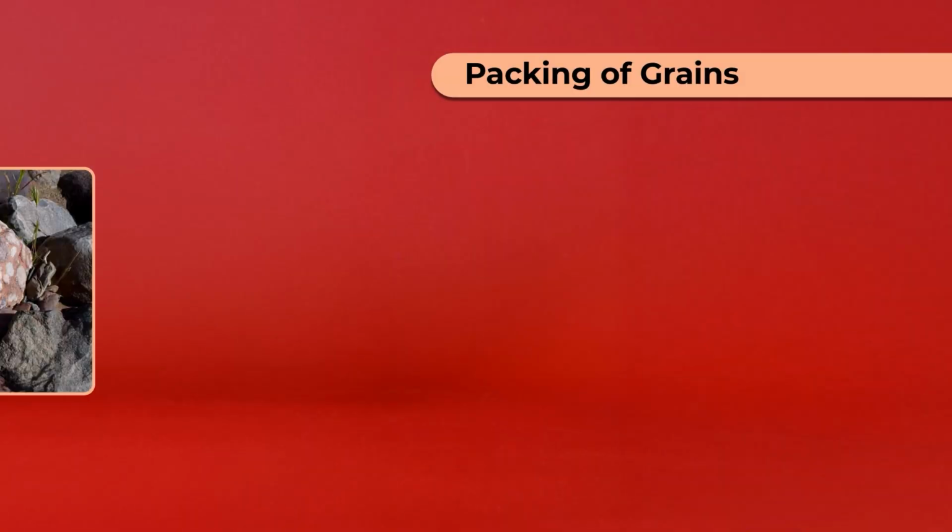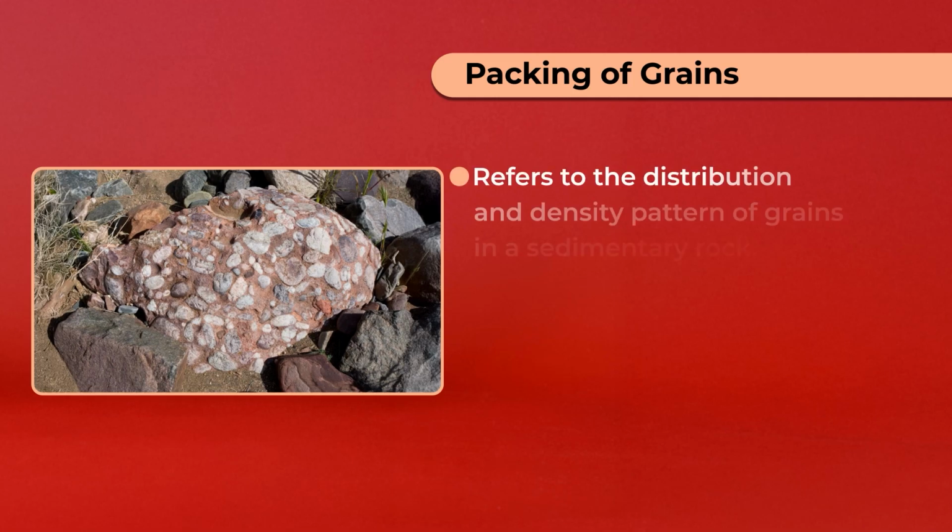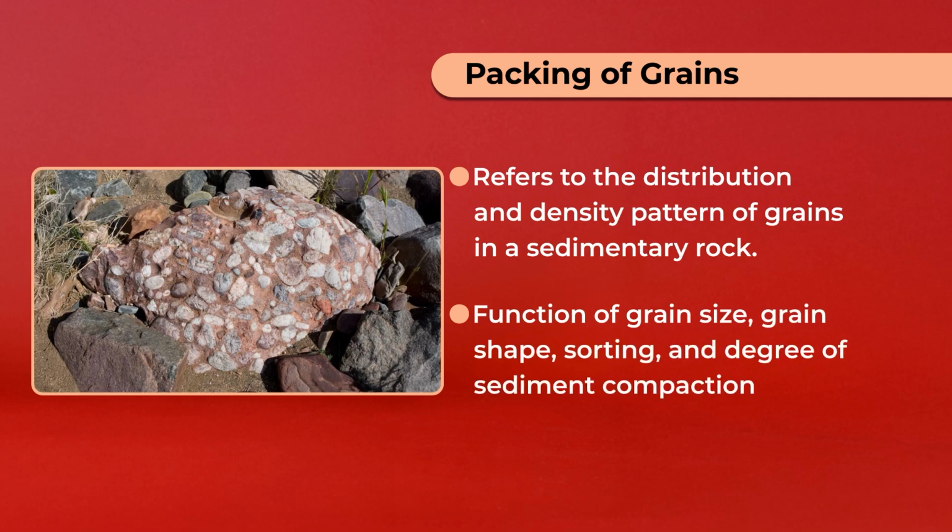The most important part of texture is packing, how the grains are packed. This refers to the distribution and the density of grains in a sedimentary rock. It is a function of grain size, grain shape, the sorting, and the degree of sediment compaction.